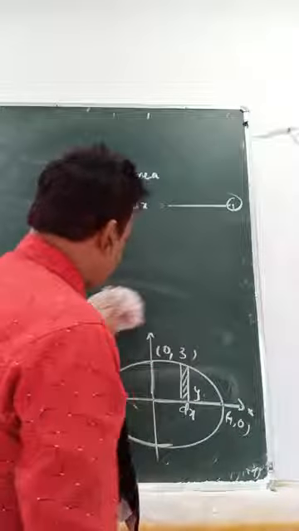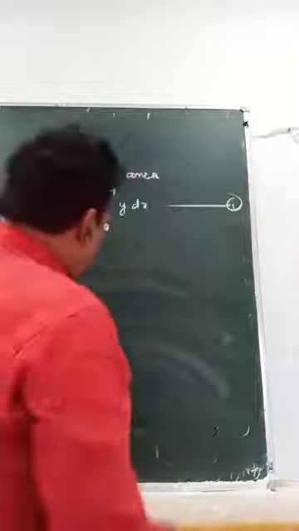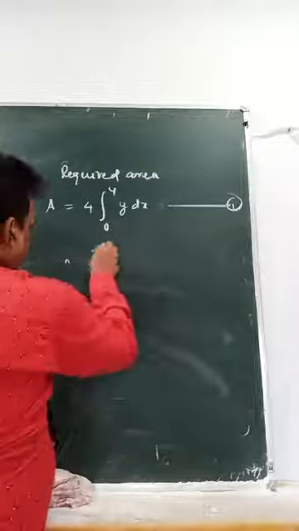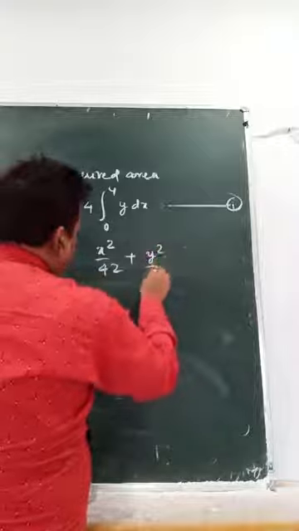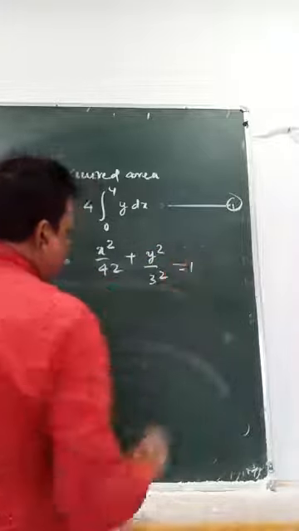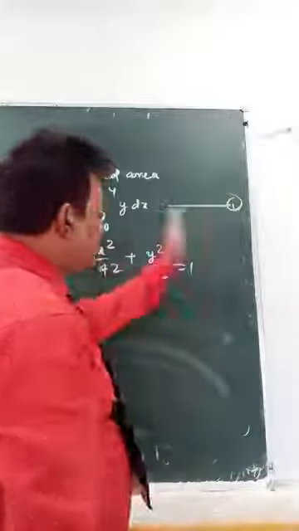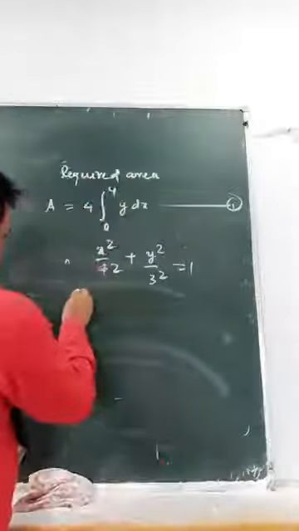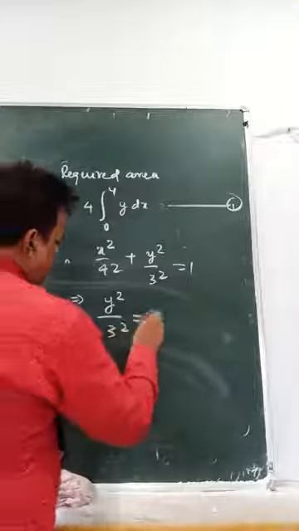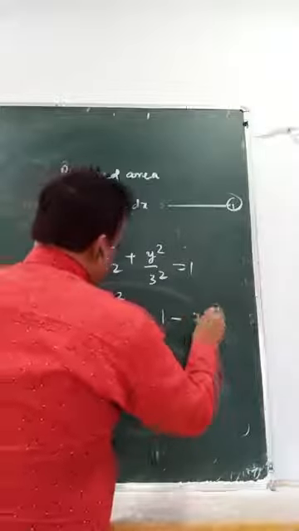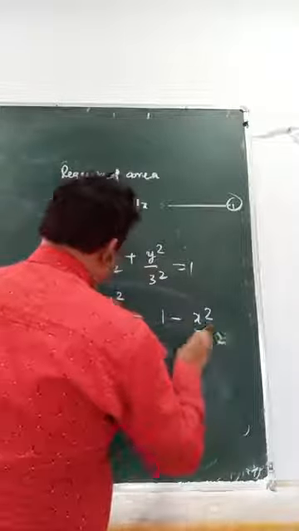That is x square by 4 square plus y square by 3 square equals 1. You want to find y, means take this one to that side. You will find y square by 3 square equals 1 minus x square by 4 square.